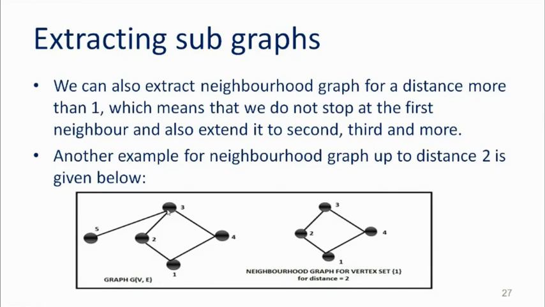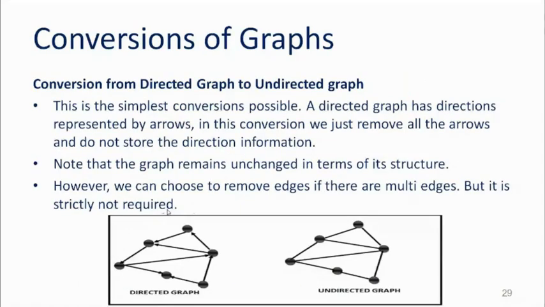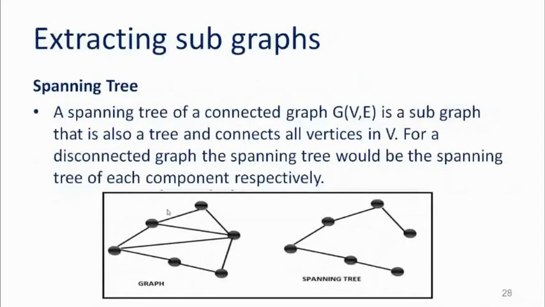So the order differs, right? So it depends on the starting vertex. So a spanning tree is a subgraph of the given graph with the minimum number of connected edges. With the minimum number of connected edges, all the vertices will be connected.